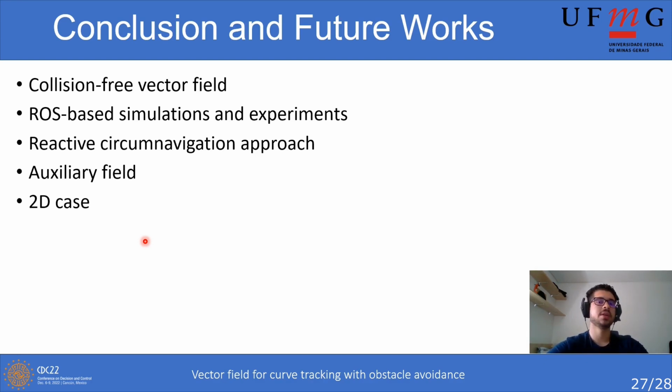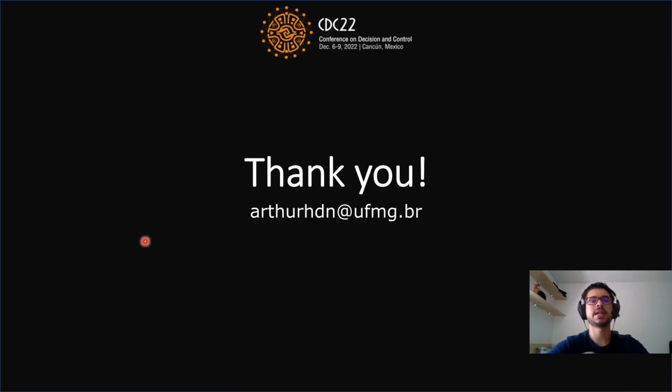And to deal with the infinite possible directions to follow an obstacle, we propose an auxiliary vector field A. But for future work, we intend to elaborate more on this to always have a singularity-free obstacle vector field. But we already have a solution for the two-dimensional case where we just rotate the Euclidean distance vector, generating a singularity-free vector field. Thank you very much.